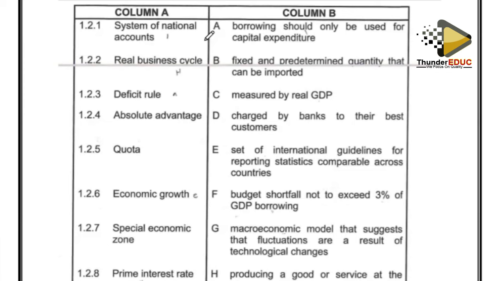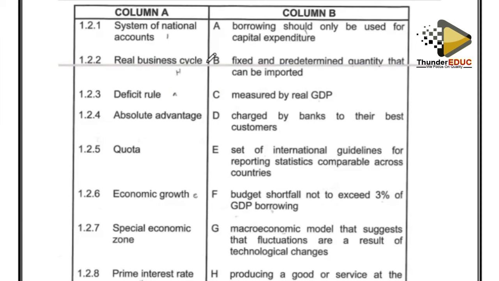Here we only check the improvement in terms of production of goods and services. But when it comes to economic development, we check the improvement in the standard of living of the household. So economic growth takes into account the decision maker of the firms or business, while economic development only takes into account the household as the decision maker.